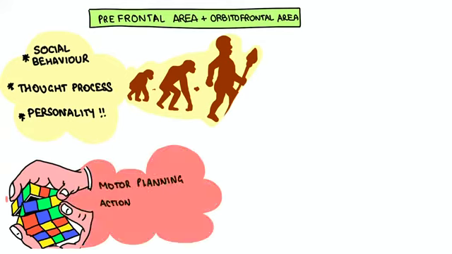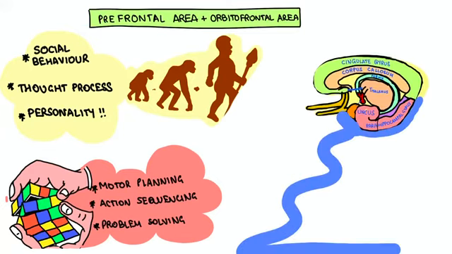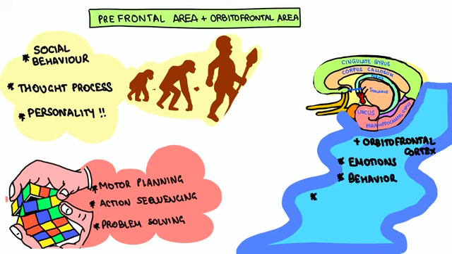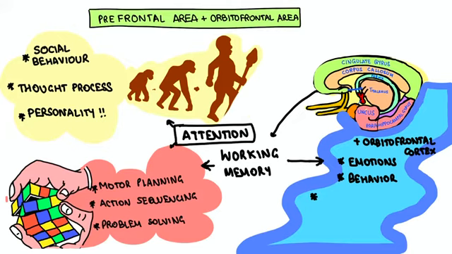Orbitofrontal, meaning it is closely connected with the limbic system. So, it is obviously involved in memory, which is the working memory, emotions, as well as behavior. Working memory is like if I ask you to remember a phone number for a short span of time, you will remember, na? That is the working memory.